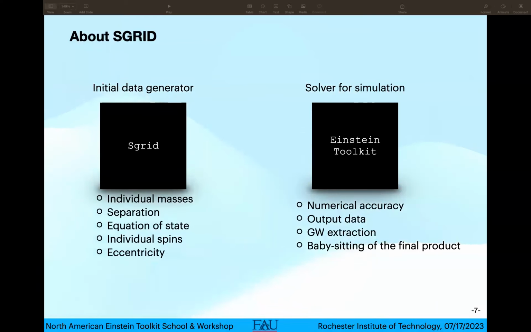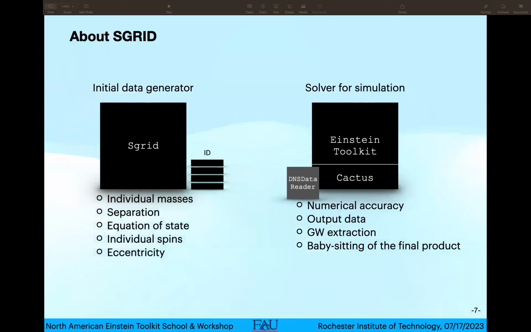So we have sgrid, which can generate initial data for us, and fortunately, Einstein Toolkit has a framework called Cactus, and Cactus allows us to write a thorn. And this kind of thorn is already written. It is called the DNS data reader.